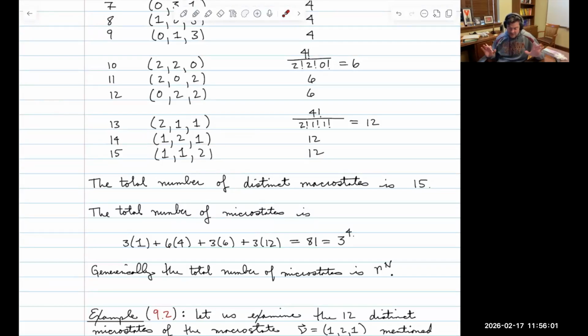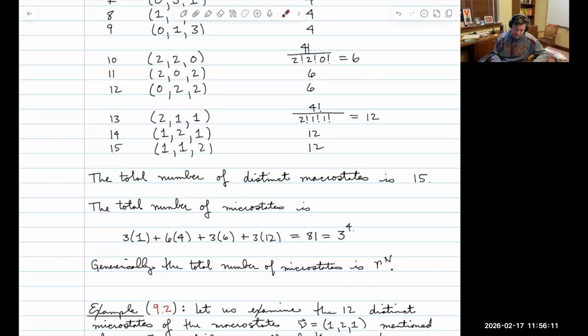That's not shown through this example, but what I suggest you do is go off and do another example where you do exactly the same calculations, but raise the values by 1 or by 2. Of course, you're going to start getting into pretty large numbers for the total number of macrostates and microstates. But there starts to emerge one macrostate which has a much larger number of microstates than all the rest.